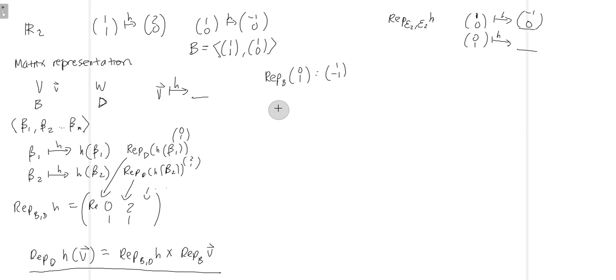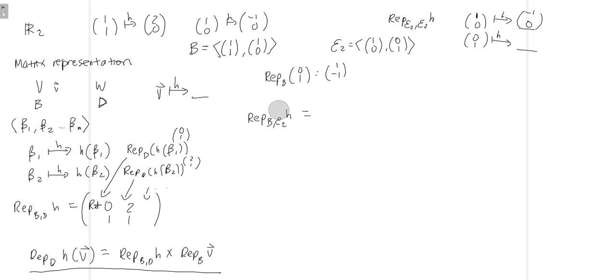And so we're going to represent this in terms of this natural basis. If I look at (2, 0), represented in the natural basis it is just (2, 0). And so in the end, we can represent H with respect to this basis, as well as the natural basis here.